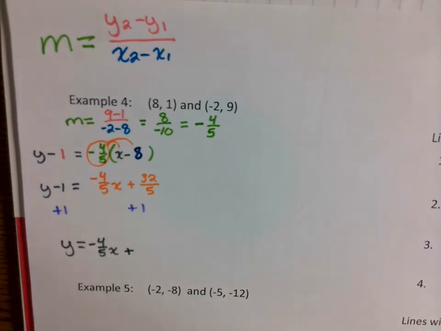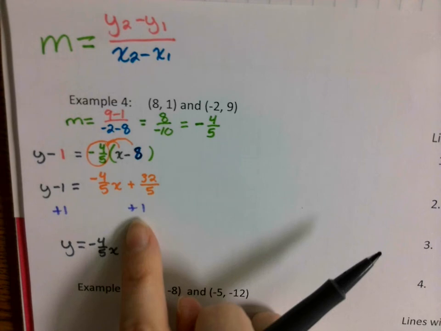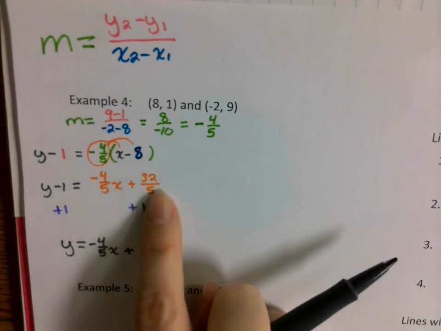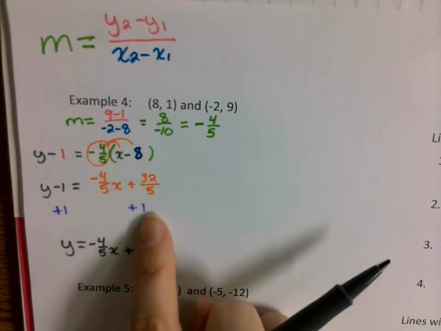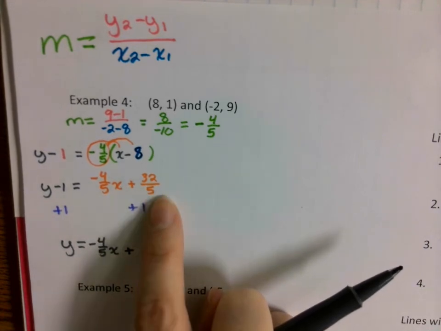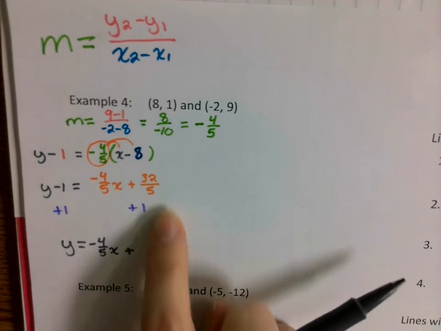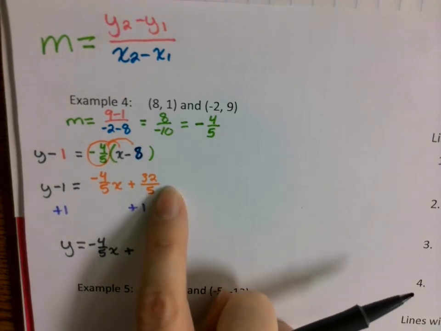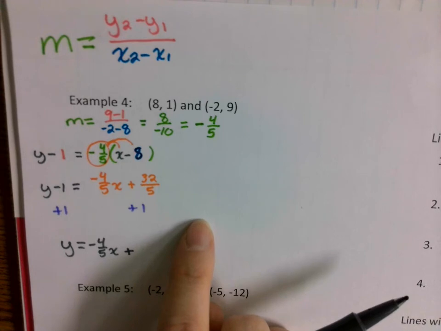So if you're adding 1 whole to a fraction, just make that 1 whole equivalent to the denominator over the denominator. Whatever your denominator value is, make it that over itself. Okay, so we're going to do 5 over 5. What's 32 plus 5? 37. So we would get 37 over 5.